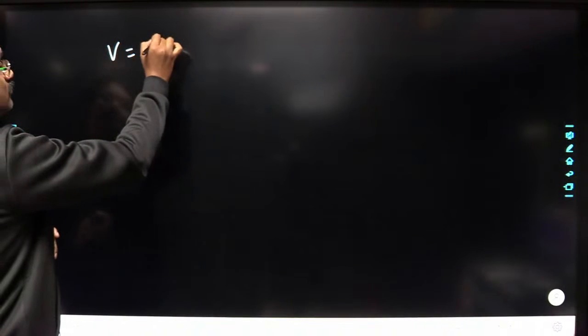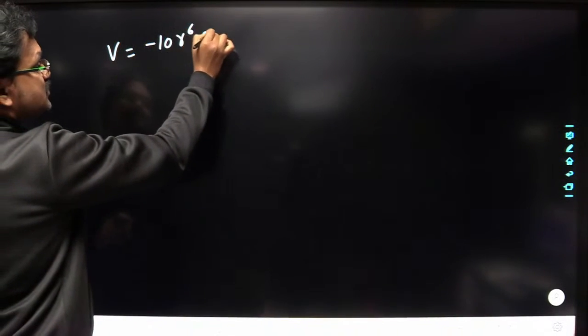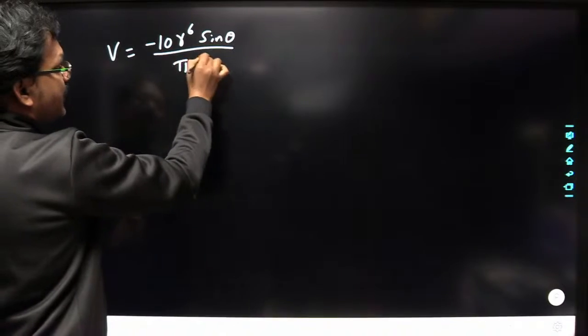So I am writing here, V is equal to minus 10 r power 6 sine theta divided by pi epsilon.